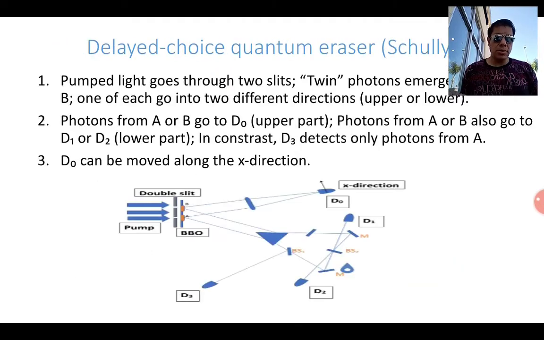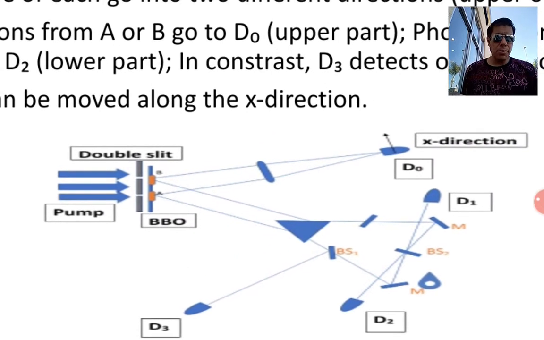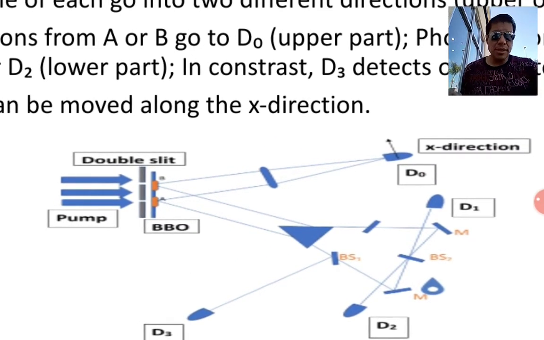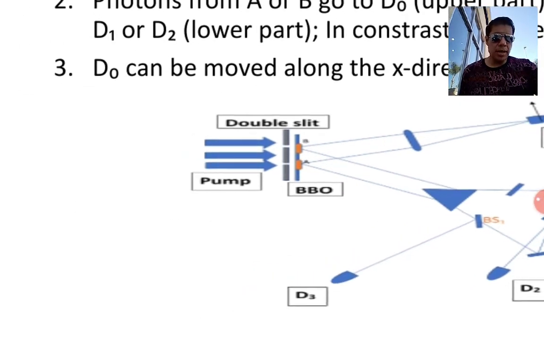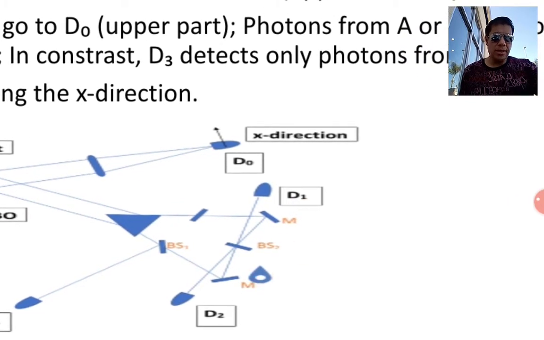Okay, so let me go back to the setup, and I should mention something right at this point. Notice that the paths are not the same length, right? The path to go from A, B into D0, D3, D1, or D2 is not the same, right?